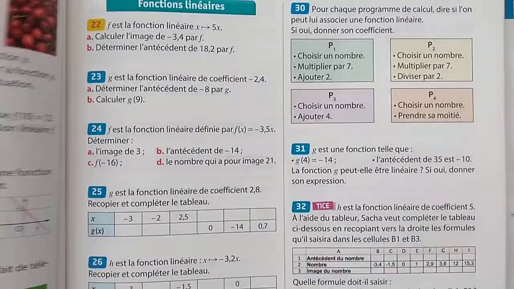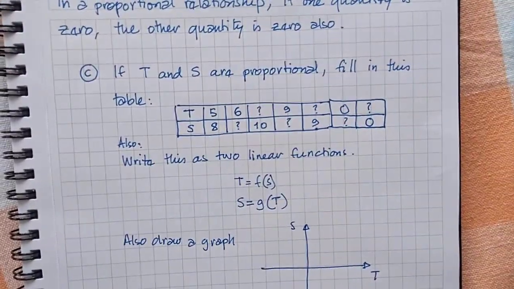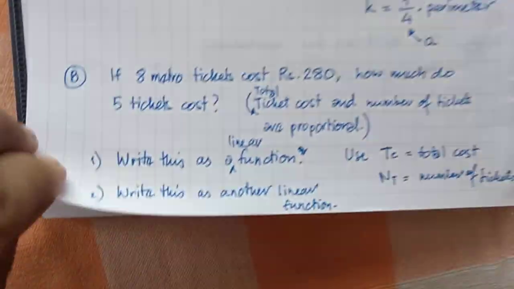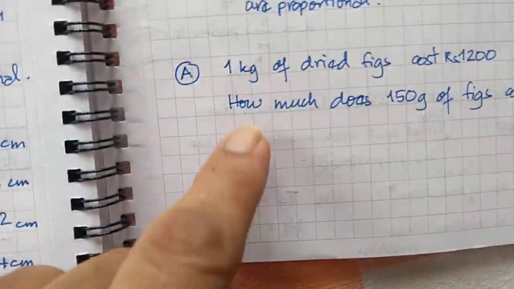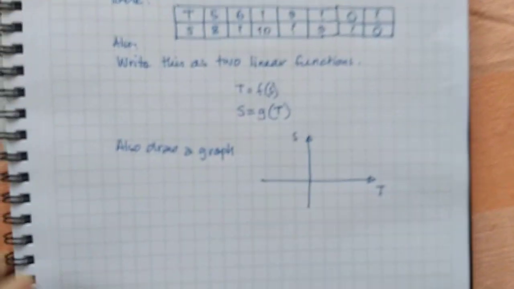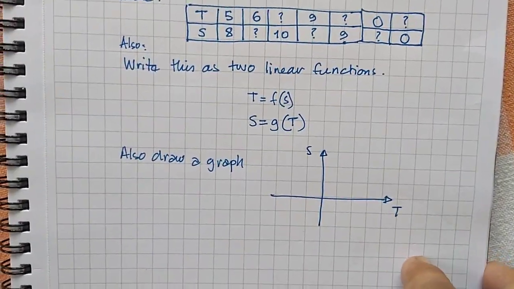So please do all the 3 problems I've asked, A, B, C. This one is a little long. Then you have this with the metro tickets. Here, this is just a règle de trois. And then you have, this is also simply règle de trois. Okay, so I stop here, and I will let you know when I expect these answers, and after that we will do the rest of the chapter.